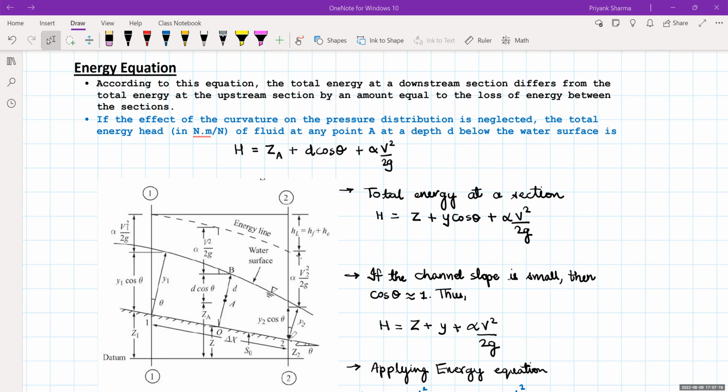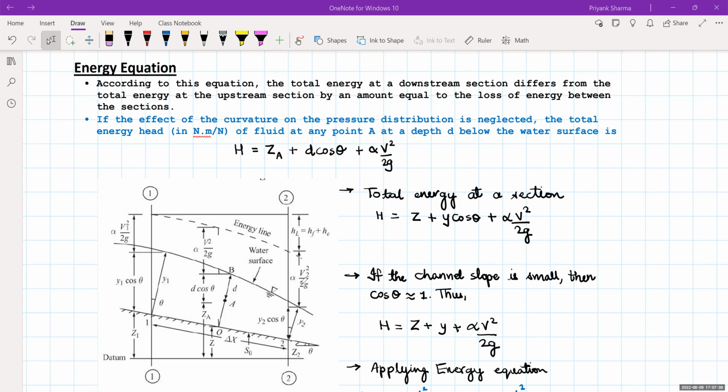You can see this figure. In this figure, this is section 1, this is section 2. You have depth y1 here and depth y2 here. In the figure the curvature may appear excessive, but the length L is very large, so the curvature can be neglected.